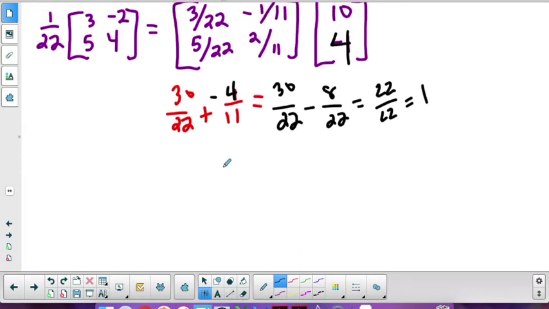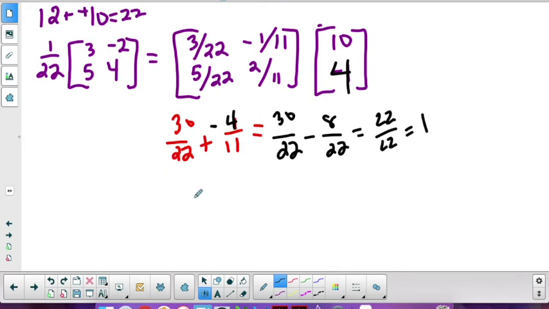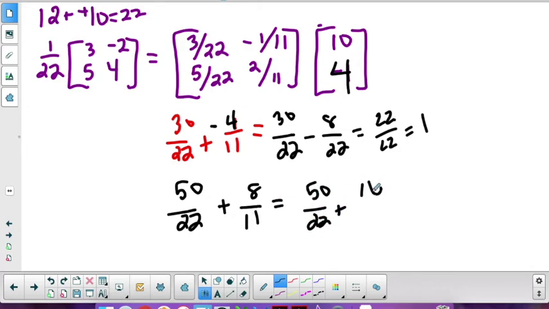All right, so now the second part, 5 over 22 times 10 is 50 over 22, plus 2 over 11 times 4 is 8 over 11. So that's 50 over 22, plus 16 over 22. That's 66 over 22, which is 3.